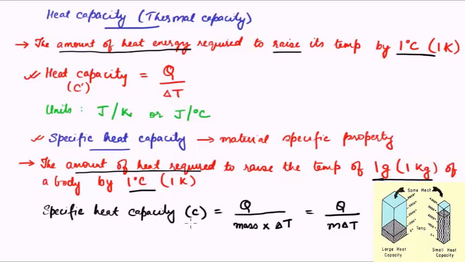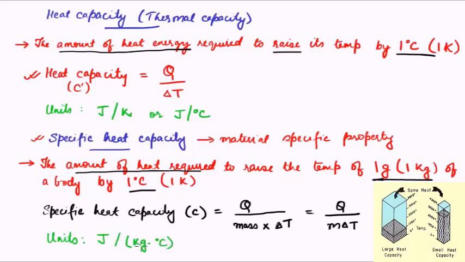Okay, now that we know the definition, and we know the difference between heat capacity and specific heat capacity, let us see what the units of specific heat capacity are. We can very easily derive them from this definition. The unit of heat is joule, and in the denominator we have mass and change in temperature. The mass will be kilogram, and the unit of delta T is Kelvin or degree Celsius.